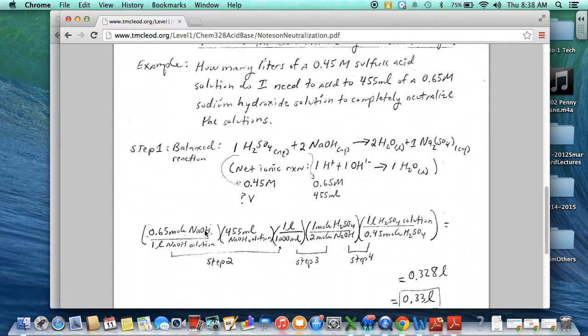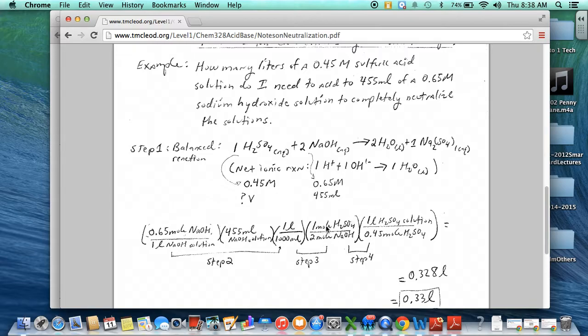So now I have moles of NaOH, but I don't want moles of NaOH. I want moles of H2SO4. So here's my molar ratio. At that point, I'm at step 3. I have moles of the thing I'm looking for. Now the question is, what do you want to know about H2SO4? Because I already have the moles right here. So this whole calculation is moles. I know the molarity, so I must be looking for the volume.